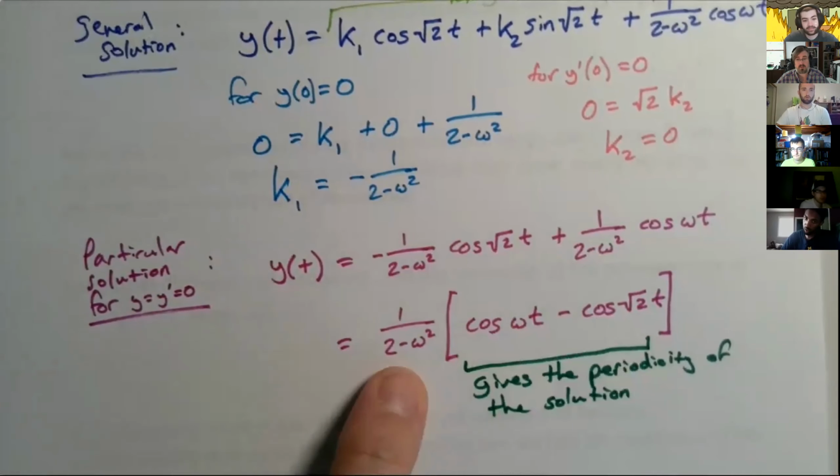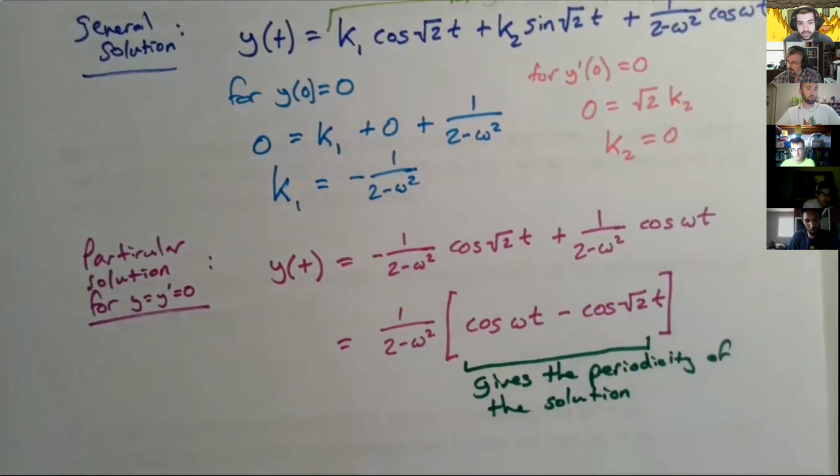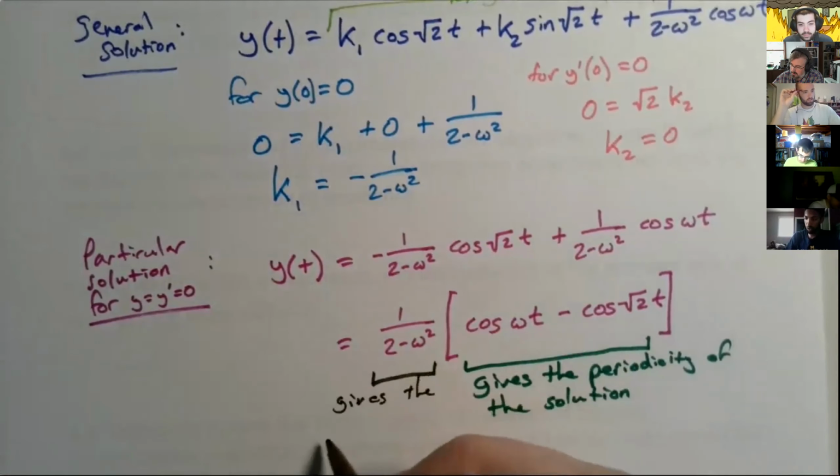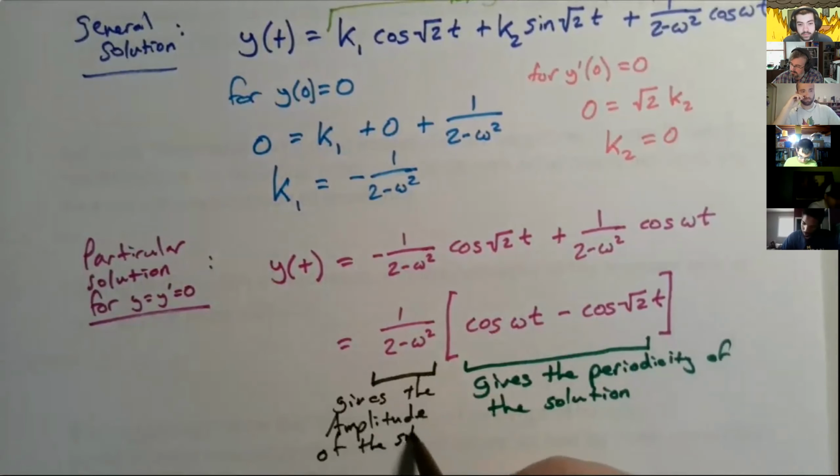But out front, if omega is the square root of 2, we know we have problems. Because out front, this part is serving as the amplitude. This gives the amplitude of the solution.